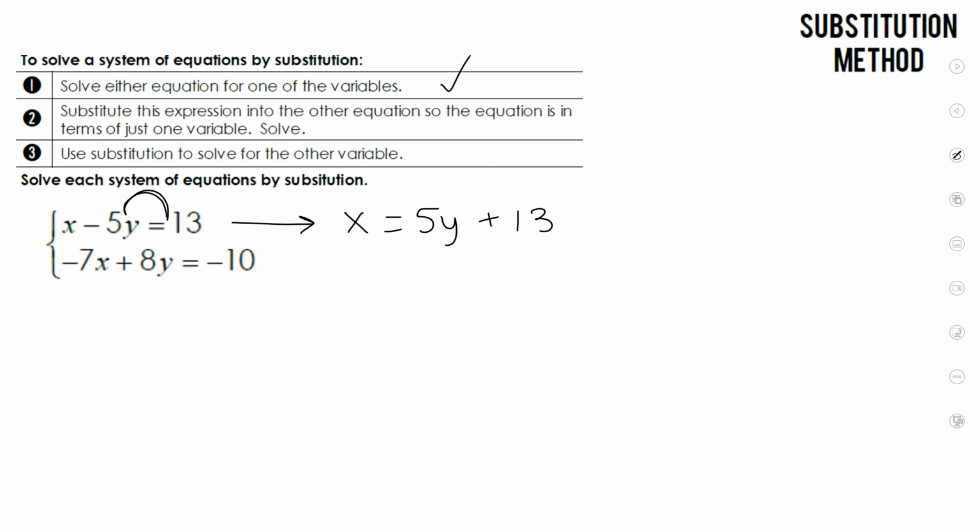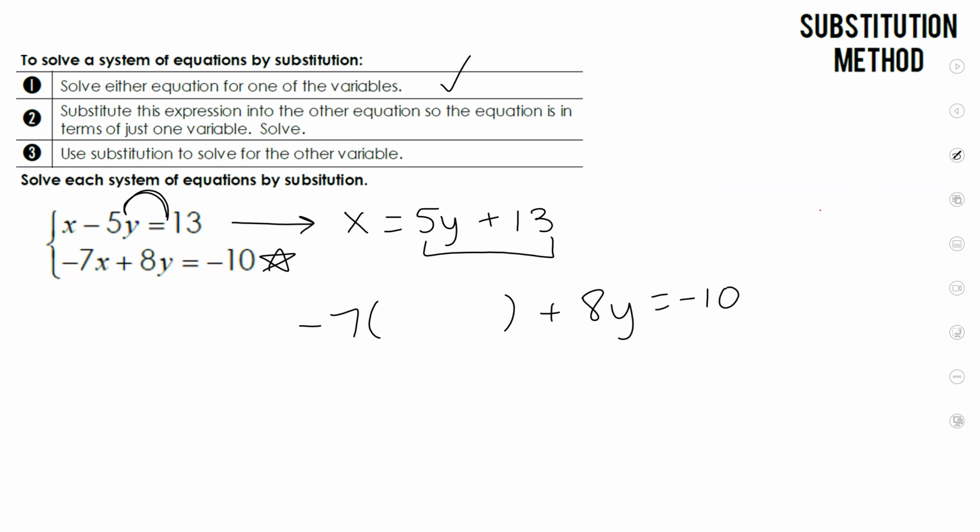Now, step 2, I'm going to substitute this expression into the other equation and solve. Okay, so guys, I'm going to write down the other equation right here. I'm going to write it down, but instead of x, I'm going to substitute the expression in there. I'll show you what that looks like.